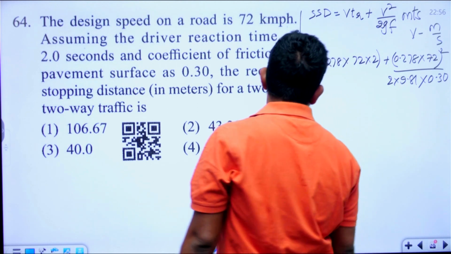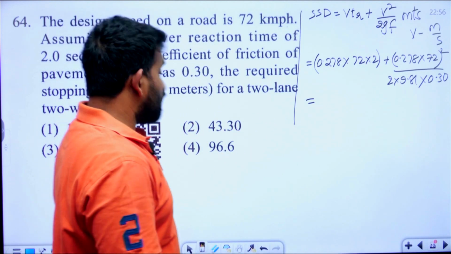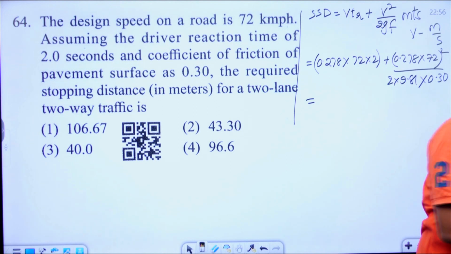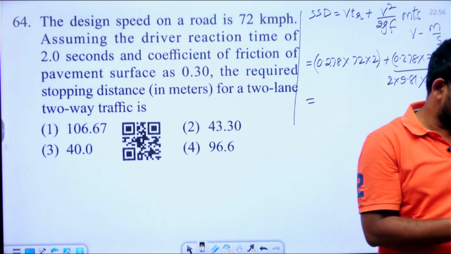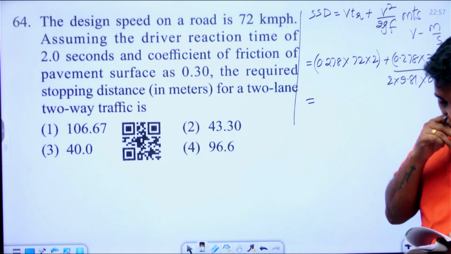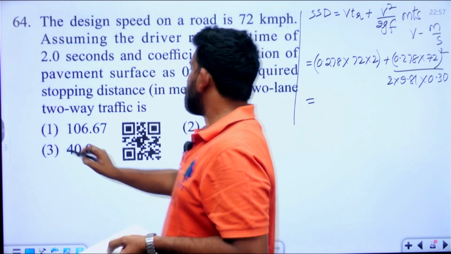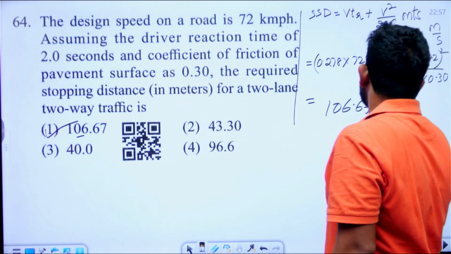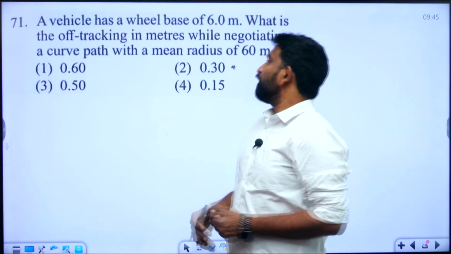Now we solve this to get the answer. If you solve this, the answer comes out to be 106.67 meters.